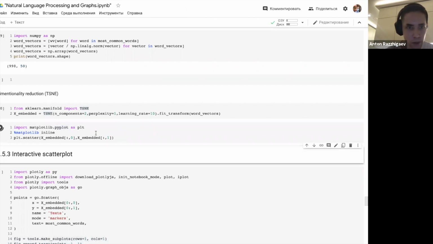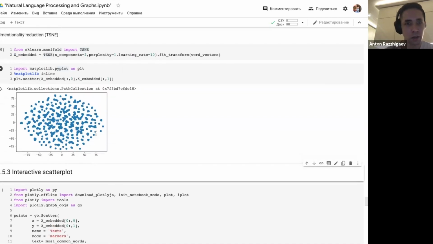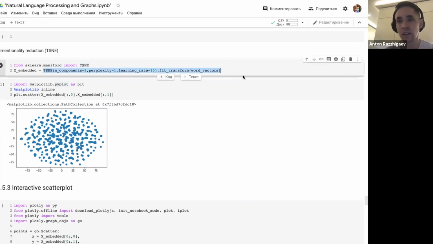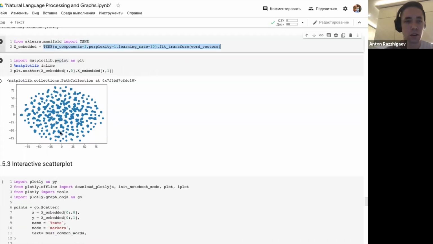Now we can plot this. Here you can see our 1000 vectors squeezed to dimension 2 with TSNE method, and they kind of clustered into some small islands.